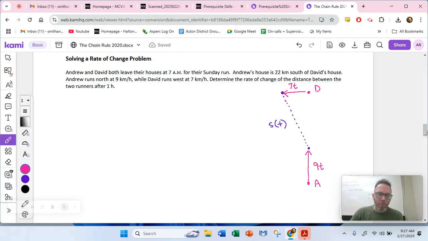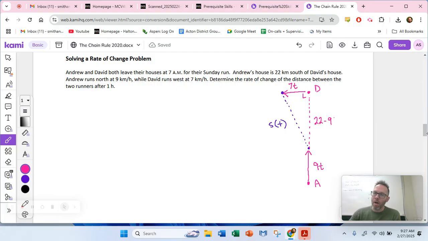If we had an expression for this final side in this right angle triangle, we could get an expression for the distance using Pythagorean theorem. And we can, because remember that Andrew and David's houses are 22 kilometers apart.